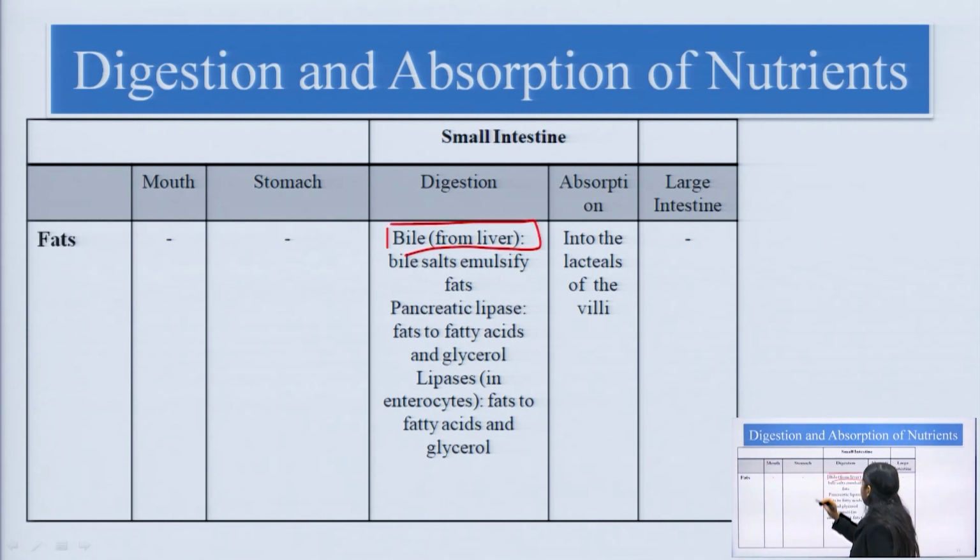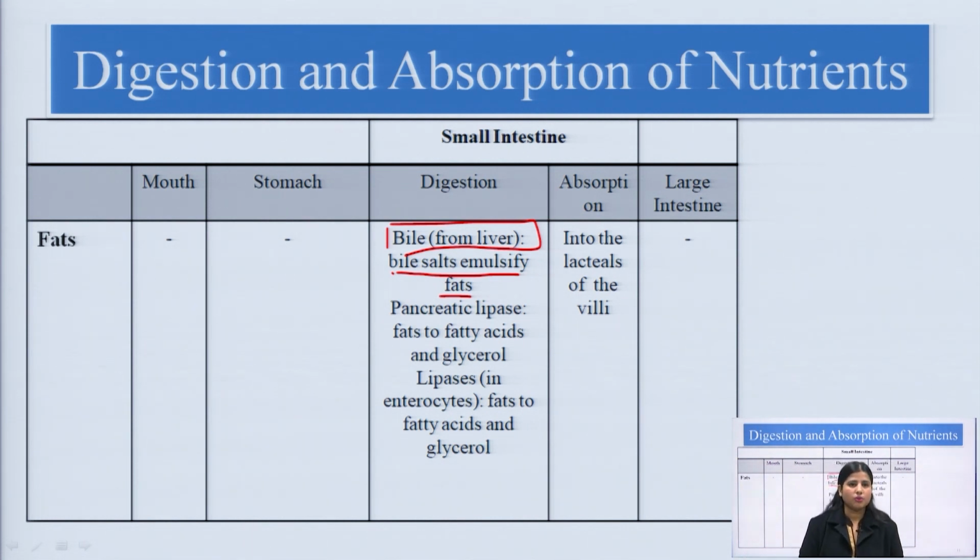bile, which is synthesized in the liver and stored in the gallbladder, comes through the bile duct into the duodenum through a very common hepatopancreatic duct. Now, the bile from the liver has bile salts present in it, and it will emulsify the fats.